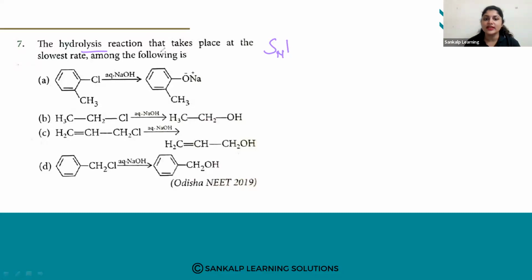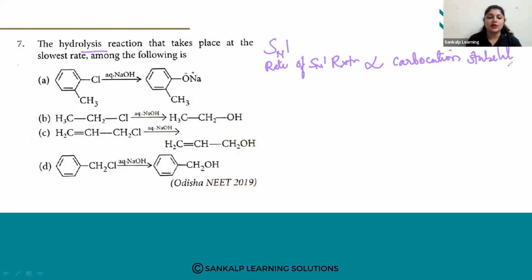So what is a hydrolysis reaction? It is an SN1 reaction, and the rate of an SN1 reaction is directly proportional to the substrate, or the carbocation stability. I'll write it as carbocation stability.